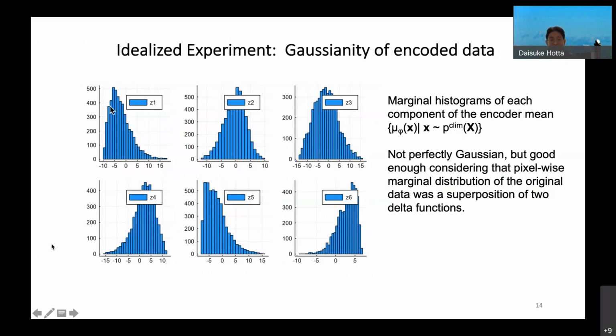You can see that these are not perfectly Gaussian, but considering that the pixel-wise marginal distribution of the original data was either 0 or 1, so that they were just a superposition of two delta functions, we believe these are good enough.